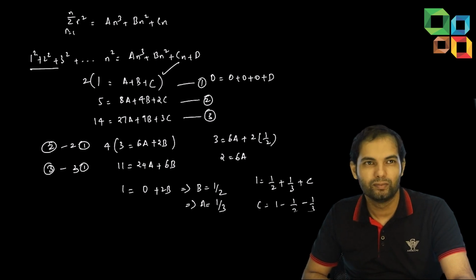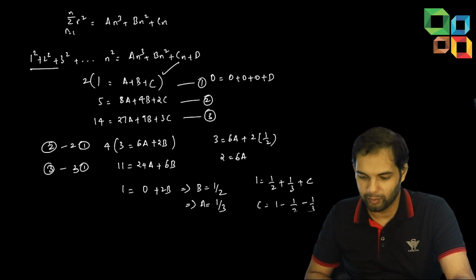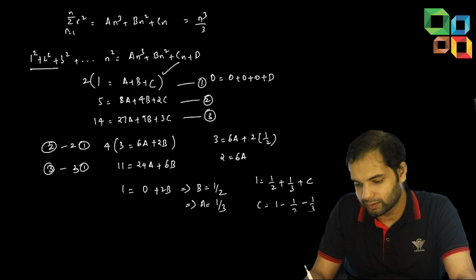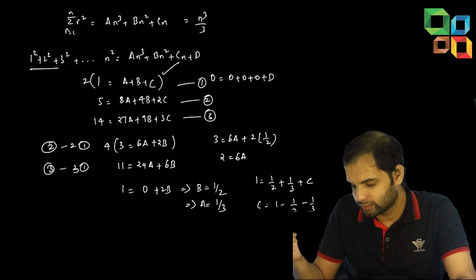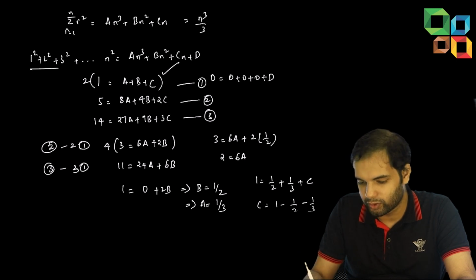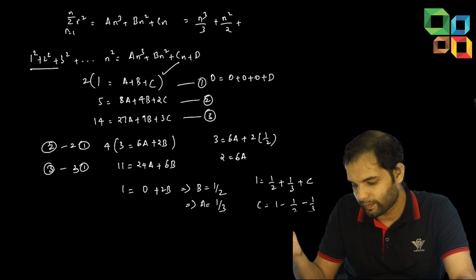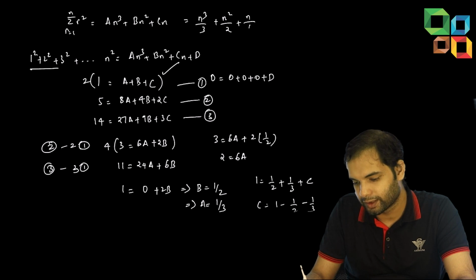Is it okay till now? Did we find a, b, and c? So did we get our formula? What is it? a is 1 by 3, so n cube by 3. b is 1 by 2, so plus n square by 2. c is 1 by 6, so n by 6.